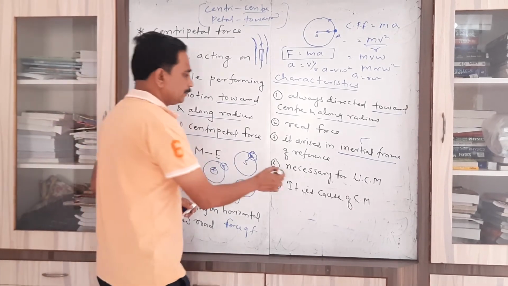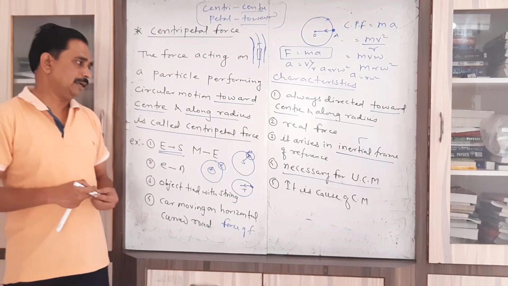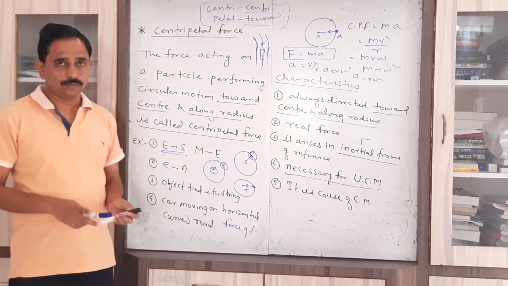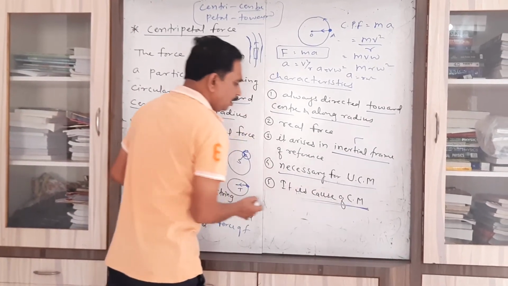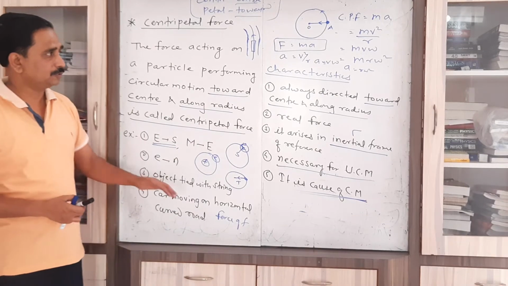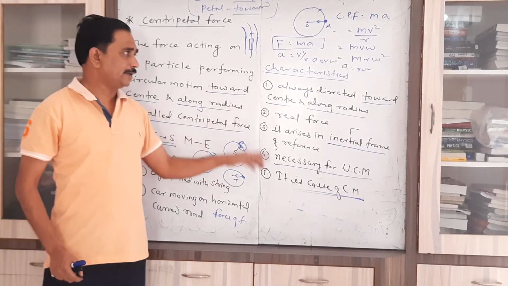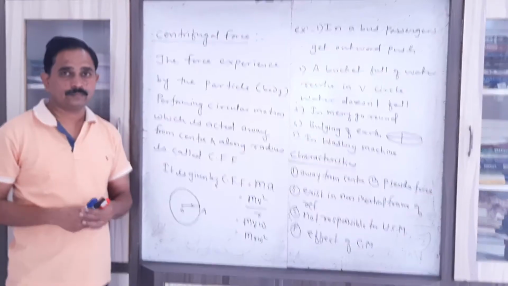Now this is the force which is necessary for uniform circular motion, and this force is caused because of the circular motion. Any object which is performing circular motion, only on that object will this force act. So these are the certain characteristics that can be considered in case of the centripetal force.